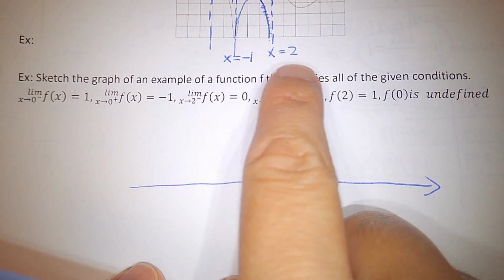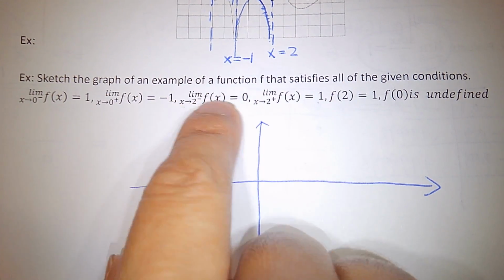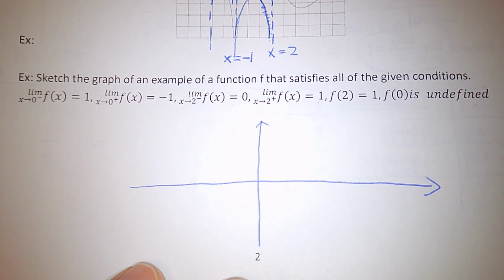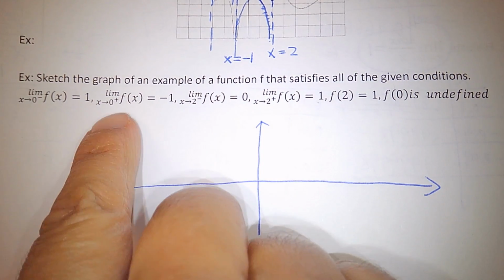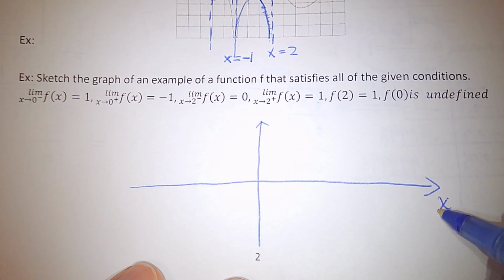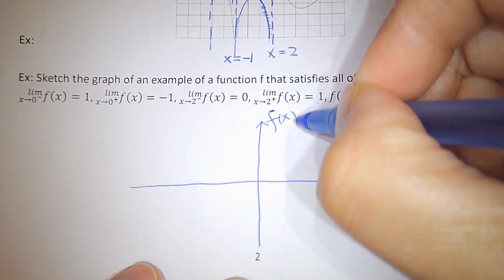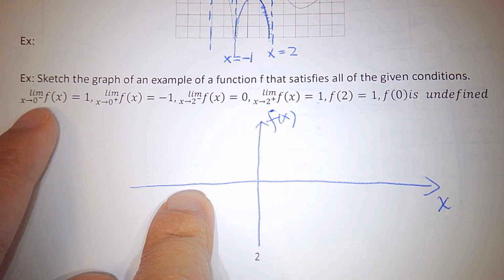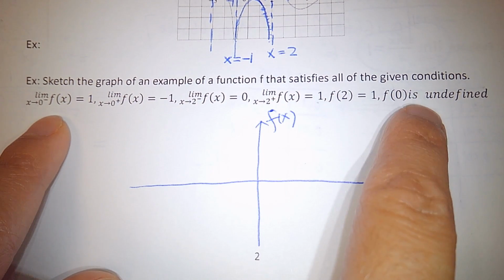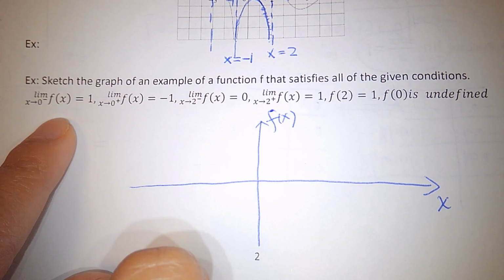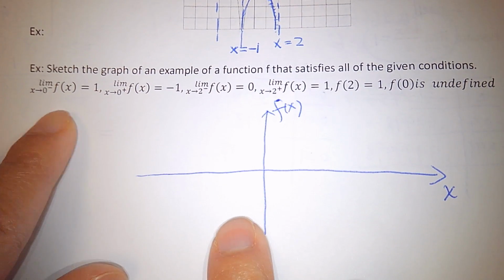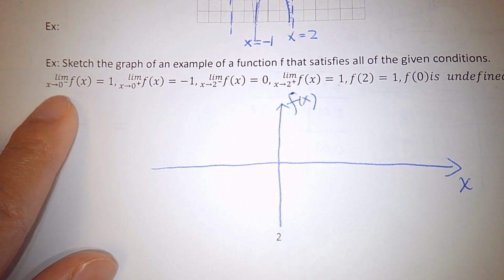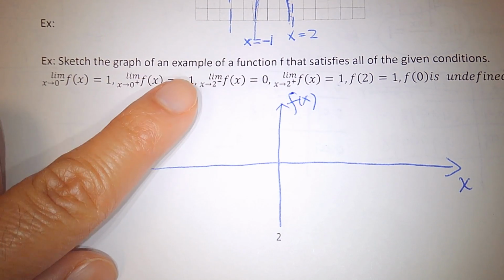However, your function f must satisfy these conditions. So, function f of x, so the independent variable is x, the dependent variable is y, which is f of x. 1, 2, 3, 4, 5, 6 conditions. I'll give you a hint for the first two, and then you can mimic and do the rest, okay?